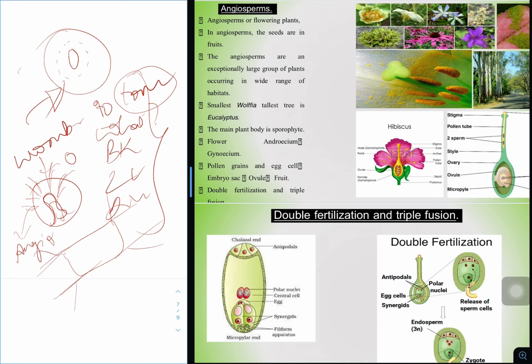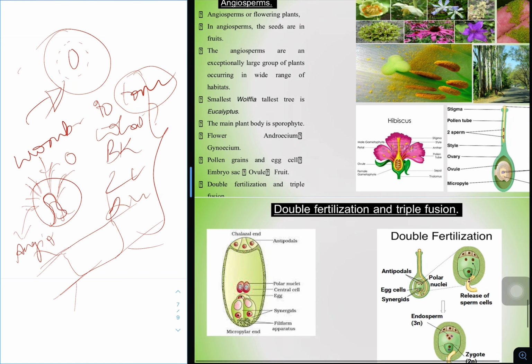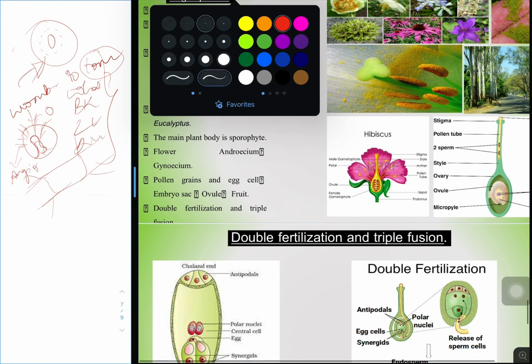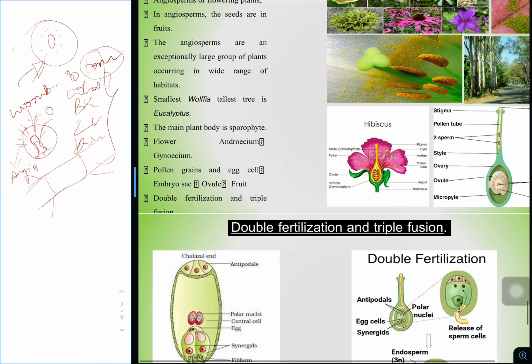Hence we human beings are completely dependent on angiosperms. Without angiosperms we cannot imagine our life. These angiosperms produce seeds, and the seeds are covered by fruits.